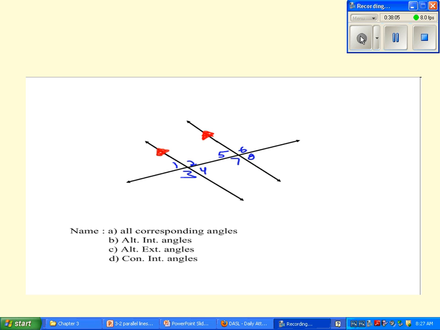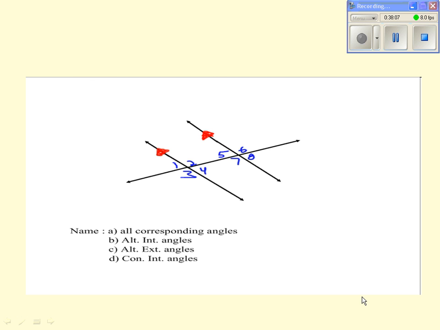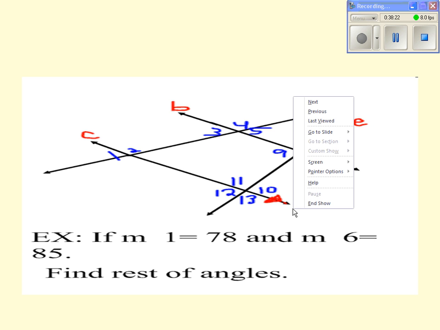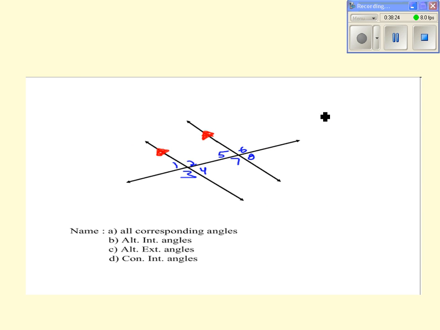All right, looking at this diagram. First, name all corresponding angles. Remember, when you're naming corresponding angles, you're taking the two lines and smashing them together. I'm going to write it out here so I've got space. If I smash those two lines together, name me a pair of corresponding angles. 1 and 5.